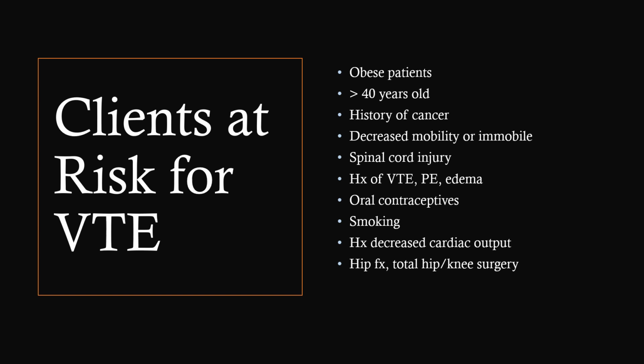Also smoking and a history of decreased cardiac output. With decreased cardiac output, the blood's not flowing as well as it should, so it's more likely for a clot to set up. Having a hip replacement, knee replacement, or any type of fracture also puts you at risk. So keep those in mind.